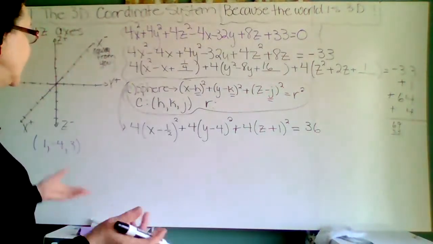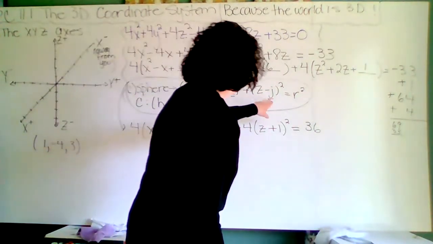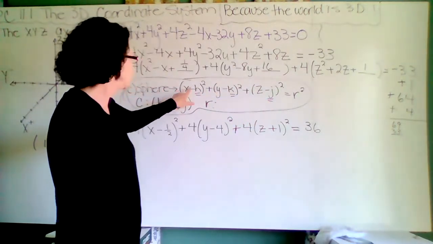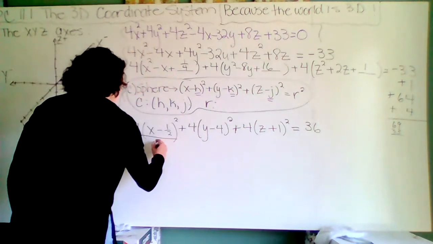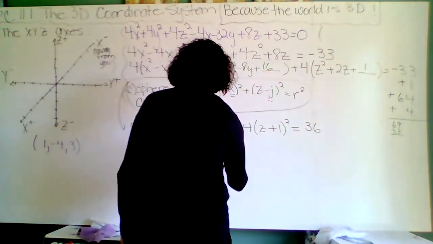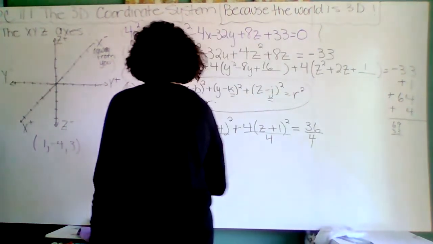Okay, well, if you notice, each one of these perfect square binomials does not have a coefficient out front. So I am going to divide everything by 4. There we go.